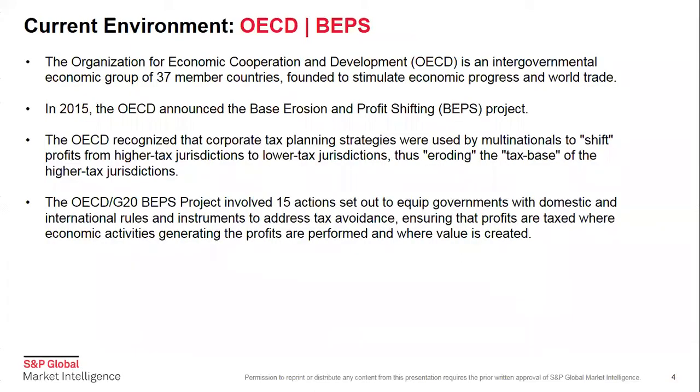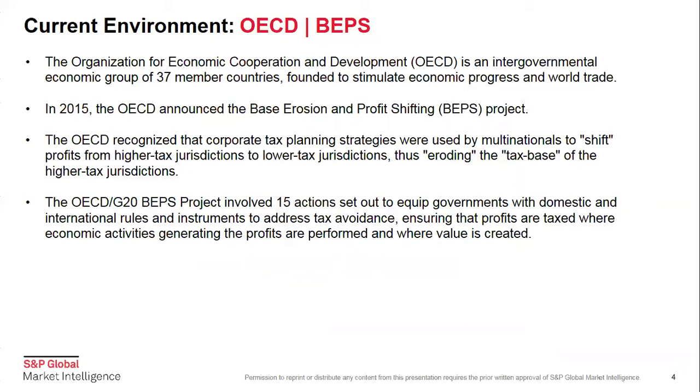Now, what is the current environment that we're looking at? Well, the OECD in 2015 came out with their BEPS project, Base Erosion and Profit Shifting, and they came up with a series of actions, 15 actions, which were delivered on a global basis in order to recognize revenue that was being shifted to other places of nexus and which had the right to tax that.